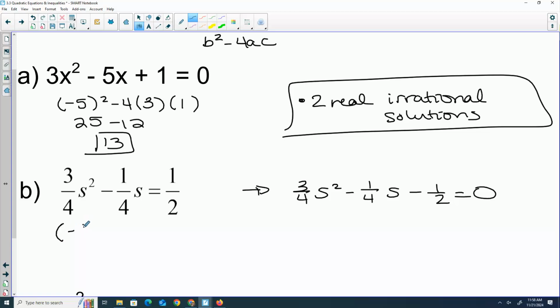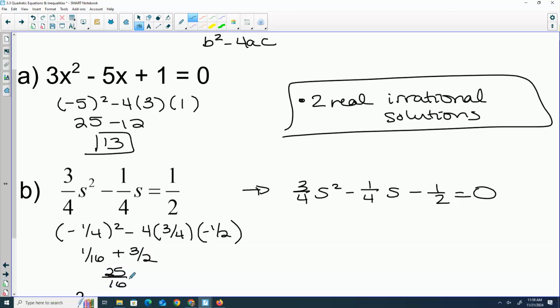So b is negative 1/4 squared minus 4, a is 3/4, c is negative 1/2. So that's 1/16 plus 3/2, which is 25/16.